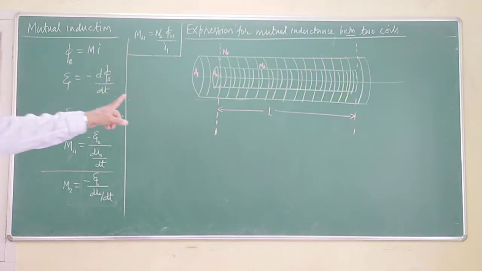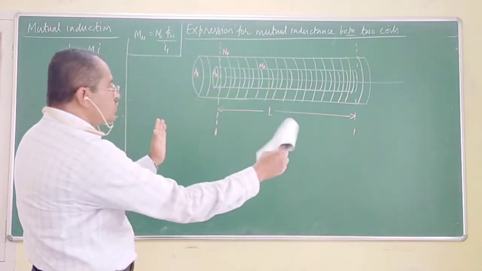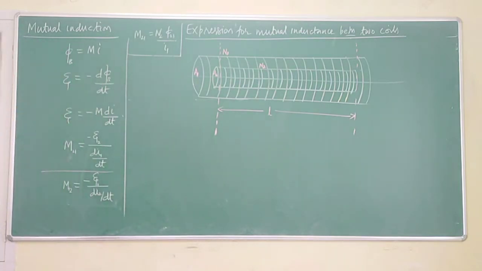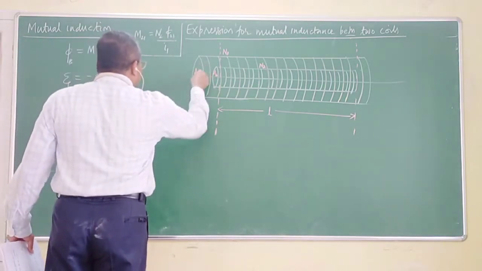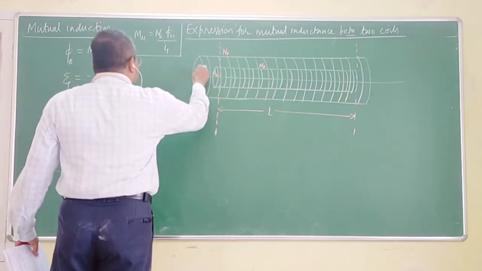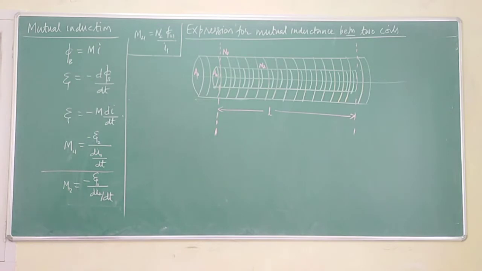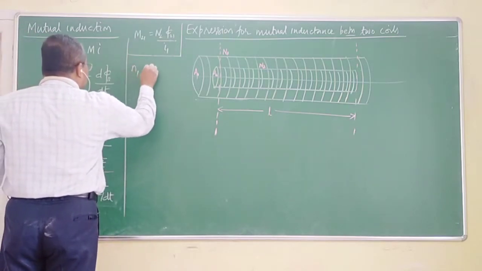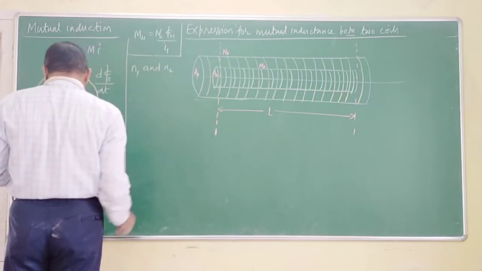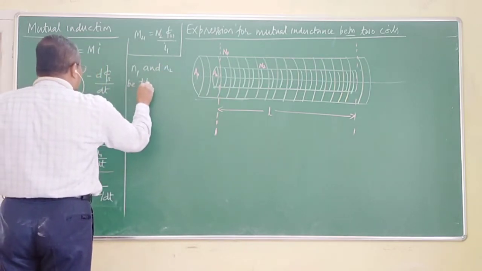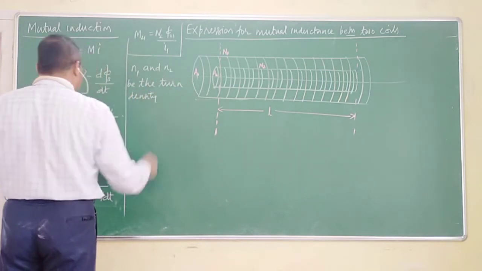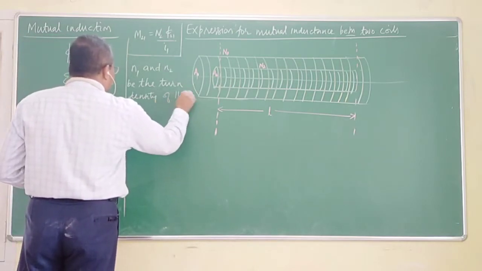I have marked these lines to take the total length of both these coaxial solenoids as L. A1 is the area of cross section of the outer solenoid. A2 is the area of cross section of the inner solenoid. Let N1 and N2 be the turn density of the solenoids.